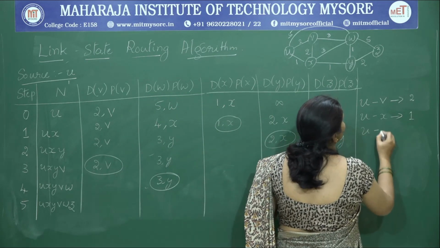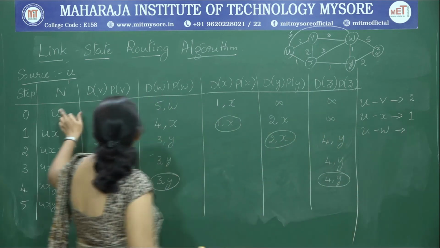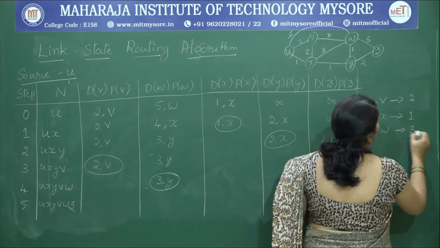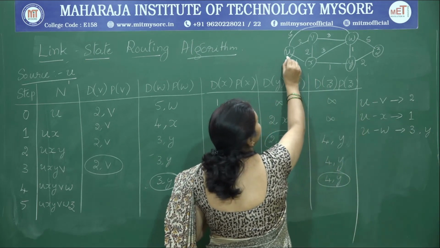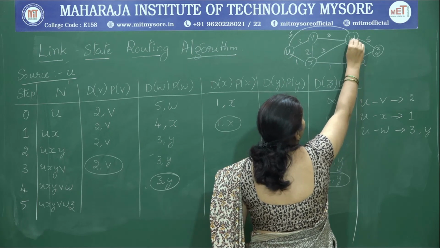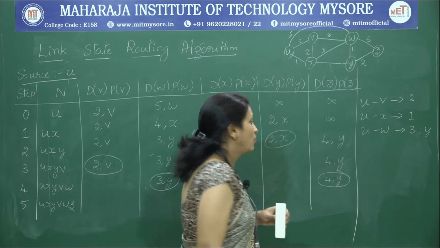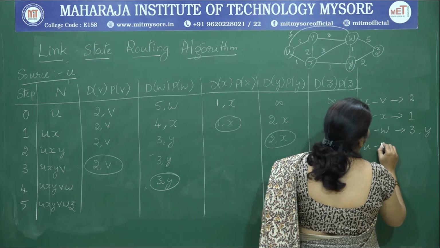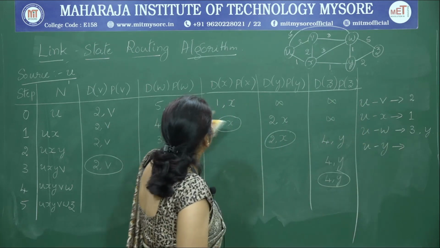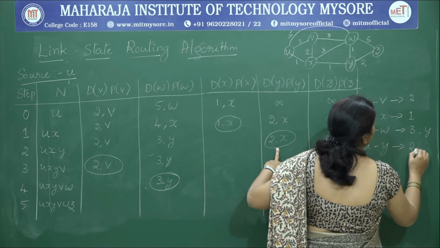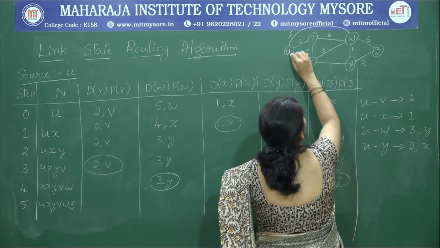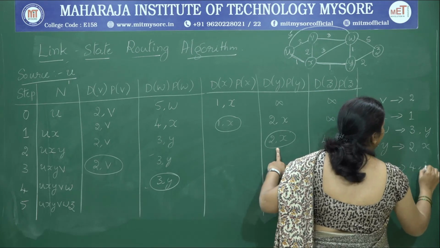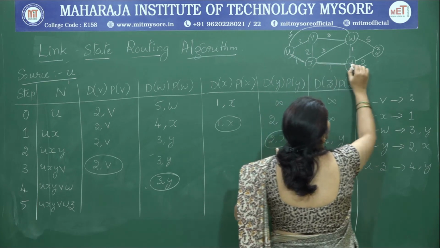From U to W, it is taking cost 3 when it passes through Y. From U to Y, it takes weight 2 when we pass through X. From U to Z, it takes weight 4 when we pass through Y, that is U to X, X to Y and Y to Z.